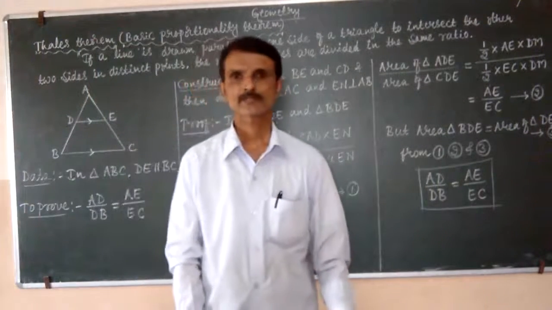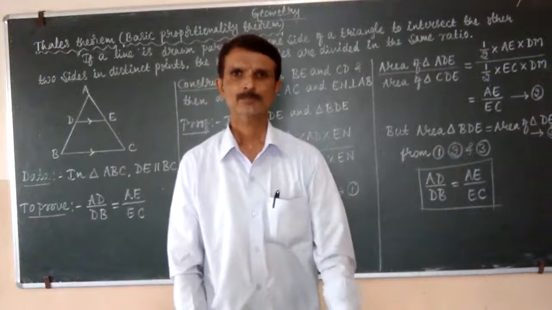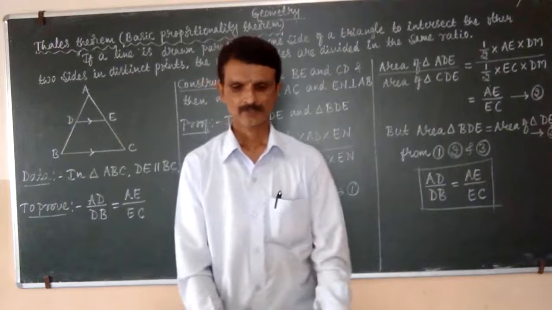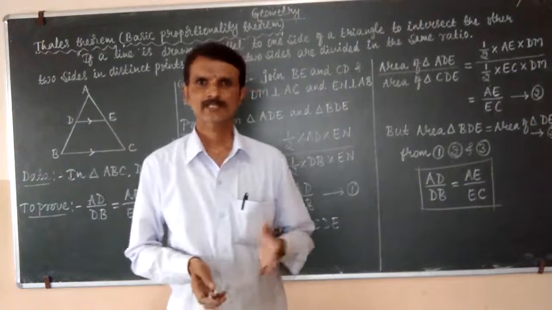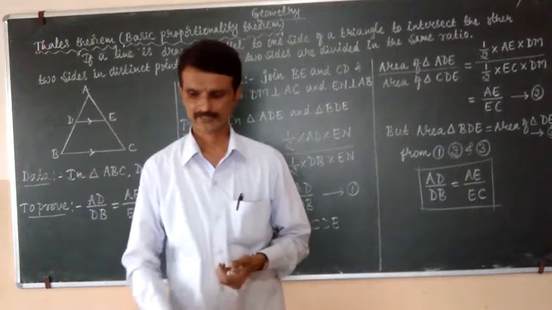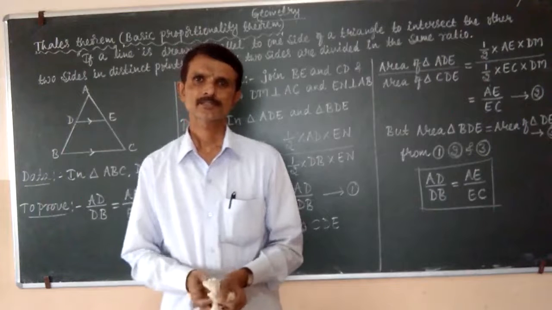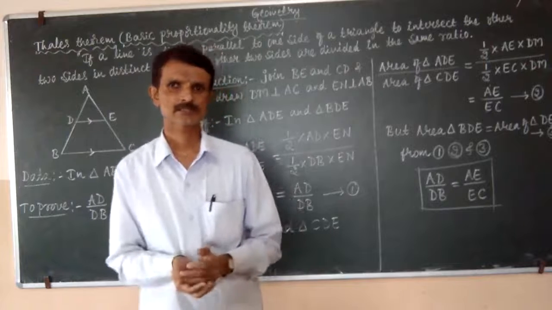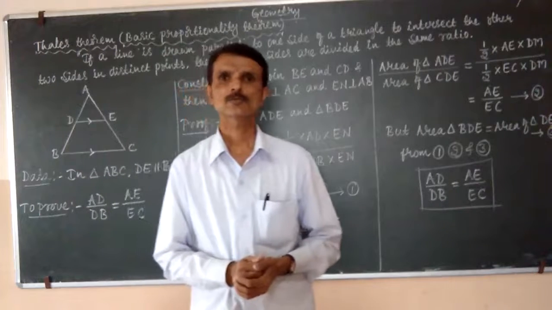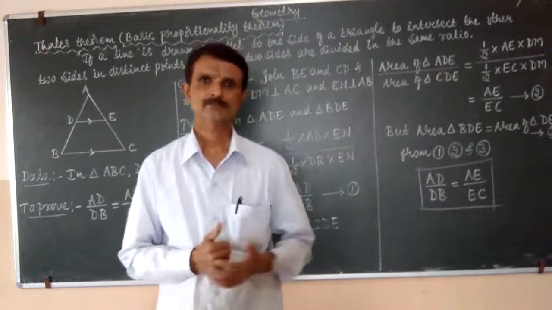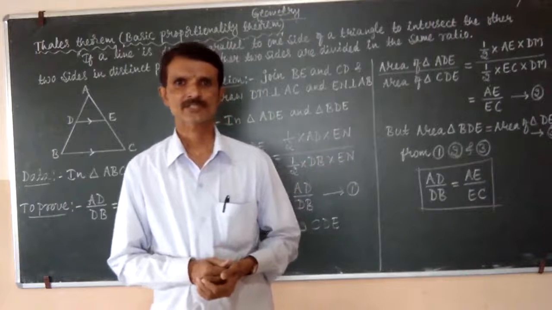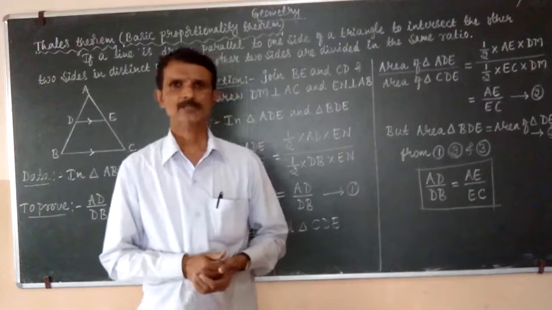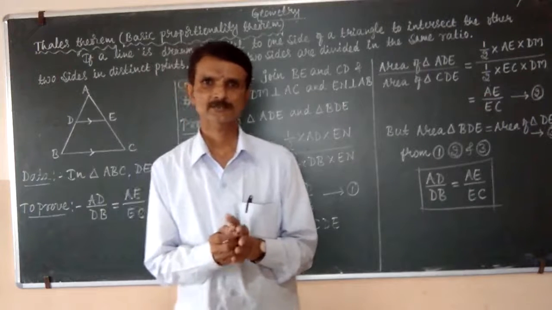Now, students, we will see the proof of the Thales theorem. First, we will see the statement of the theorem. In the previous class and also in the previous year, you studied how to prove a theorem and what steps are followed in proving it.